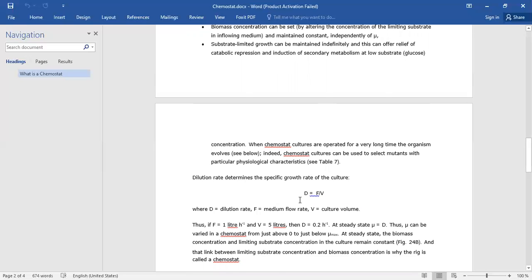Dilution means decreasing the concentration of a substance; we can dilute anything by decreasing the concentration of a substrate by adding water. Here F is the volume flow rate of the medium and V is the culture's volume.